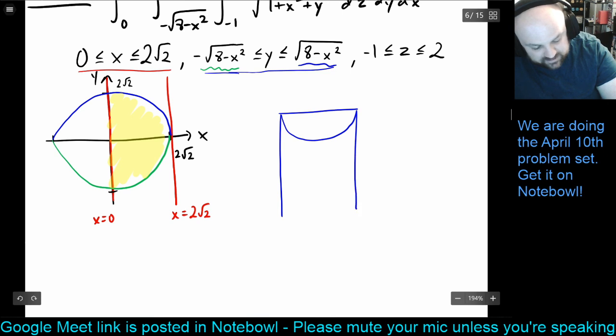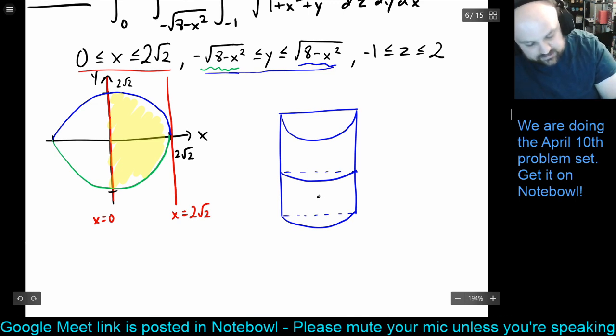Some kind of half cylinder. Say, put these axes right here, the z-axis this way, the y-axis is that way.